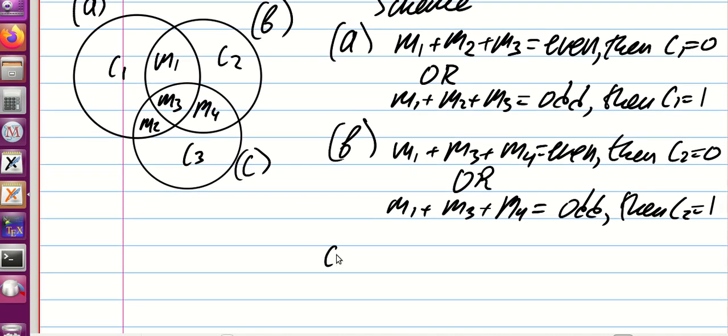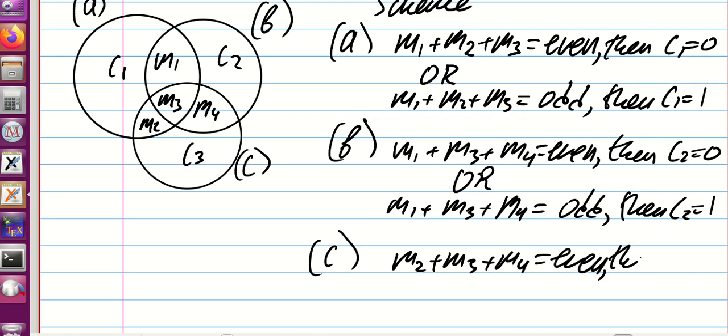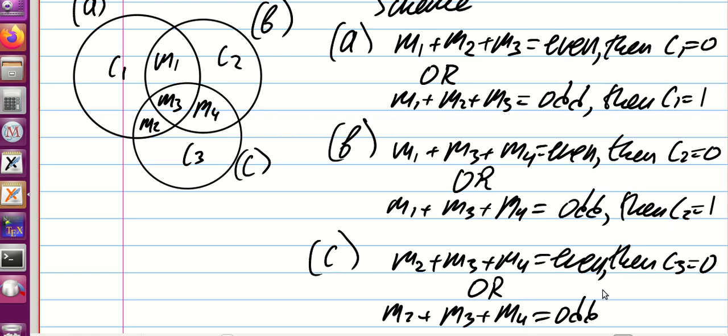And there is one circle left to do. It's M2, M3, and M4. M2, M3, M4 could be even. Then C3 has to be 0, or M2 plus M3 plus M4 could be odd number.